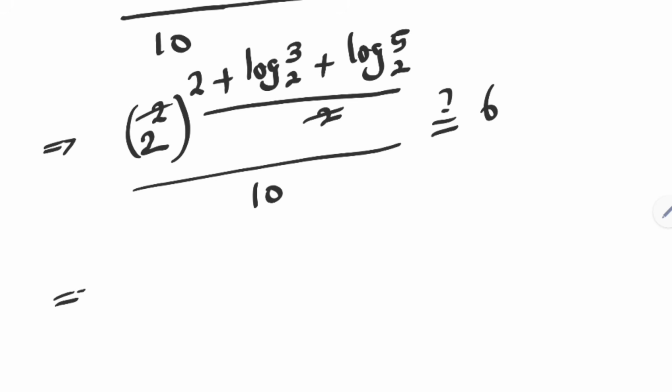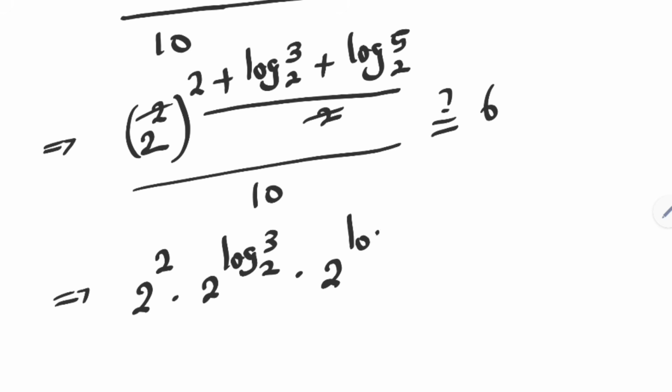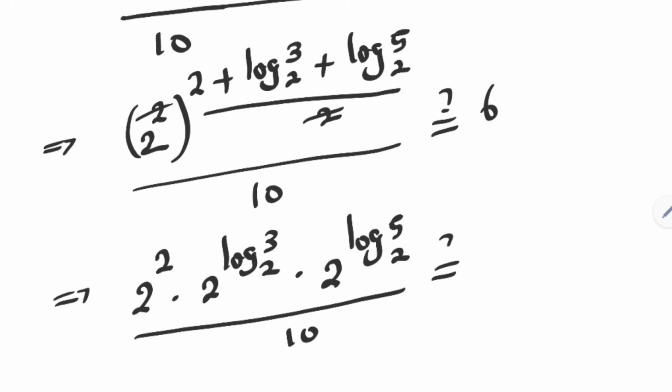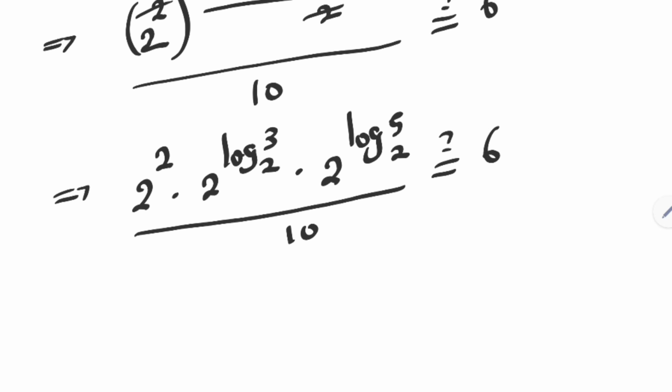Numerator is 2 square multiplied by 2 to the log 3 base 2 multiplied by 2 to the log 5 base 2, divided by 10 must be equal to 6. 2 square, that is 4.